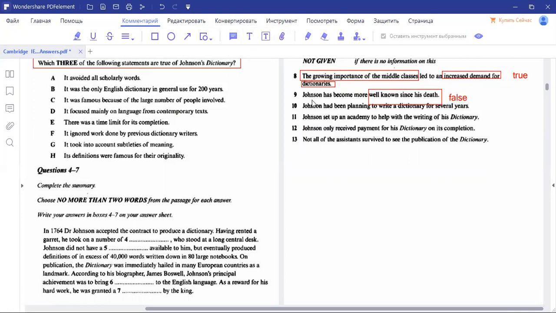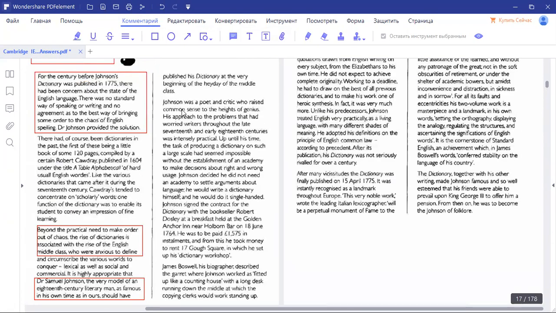Now, Johnson had been planning to write that dictionary for several years. So I have to look for the fact that he spent a lot of time planning to write a dictionary. He was a poet, critic who raised common sense to the heights of genius. His approach to the problems that had worried writers throughout the late 17th and early 18th centuries was intensely practical.